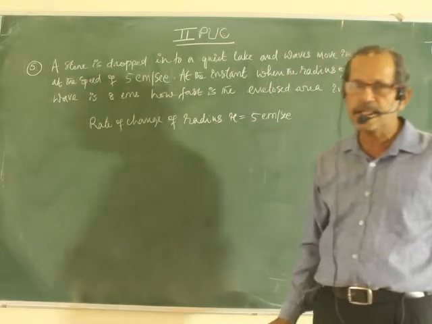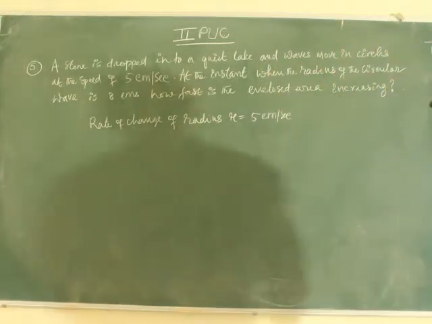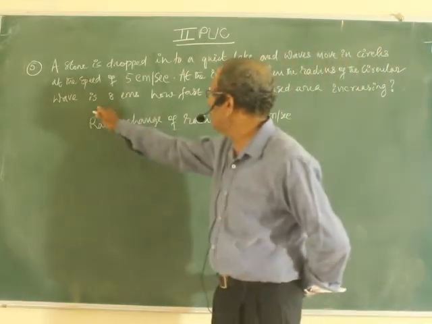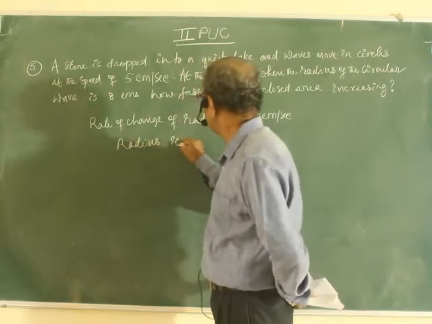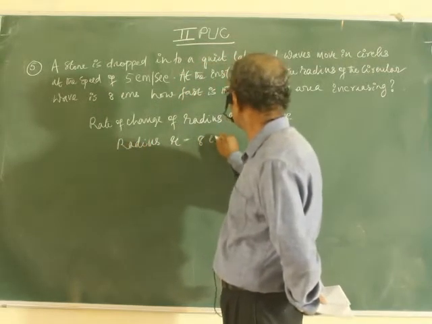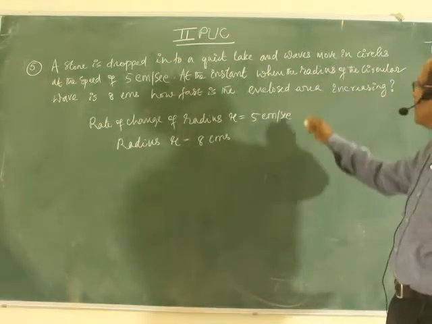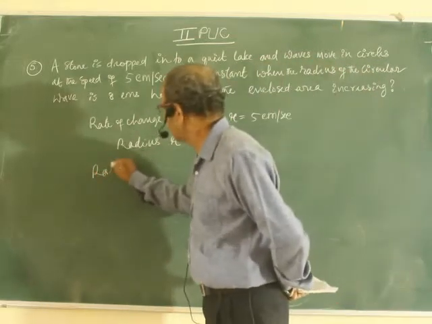Wave is moving at the rate of means its radius is increasing at the rate of 5 centimeter per second. At the instant when the radius of the circular wave is 8 centimeter, how fast is the enclosed area increasing? Rate of change of area.